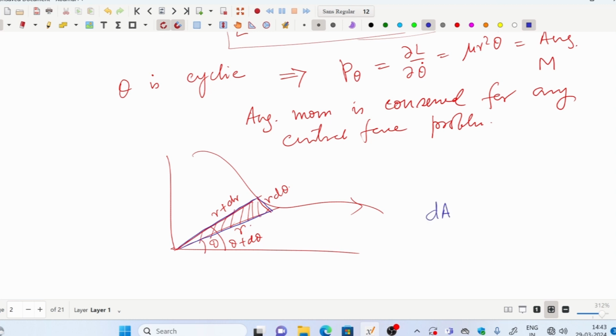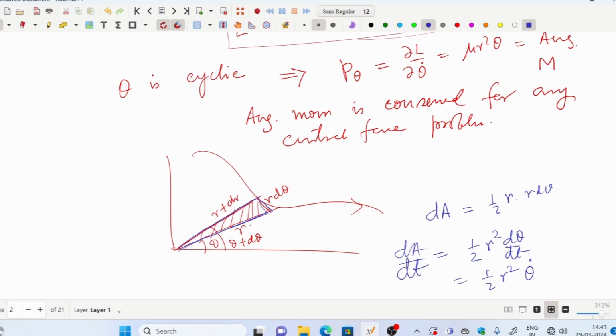So, dA, the area covered in time dt, will be half r times r d theta, where this side is r and this is r d theta. So, dA by dt, the rate of change of area, will be half r square d theta by dt, that is, half r square theta dot.